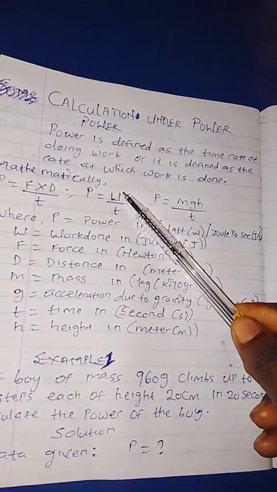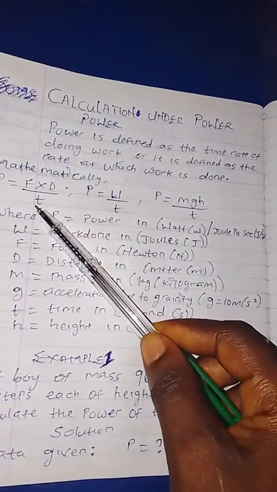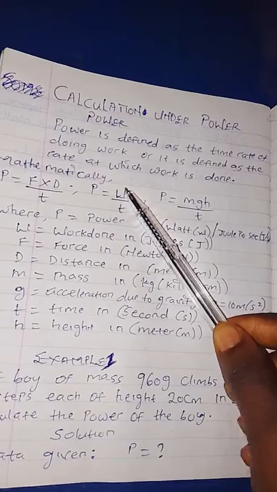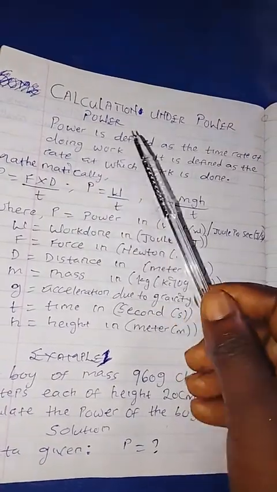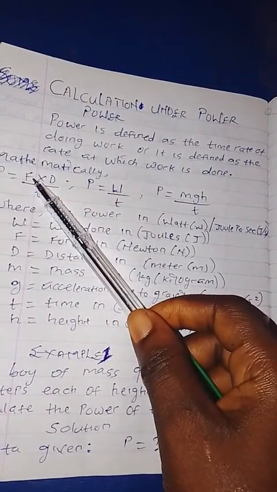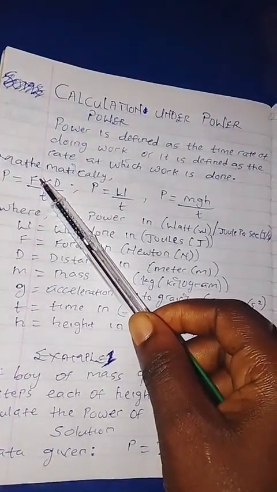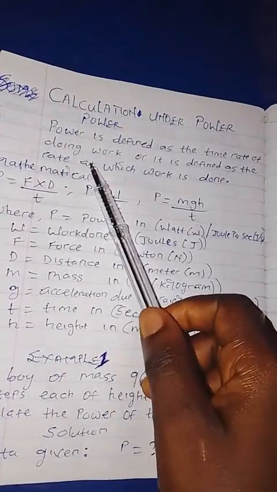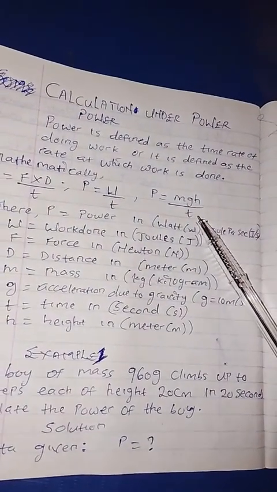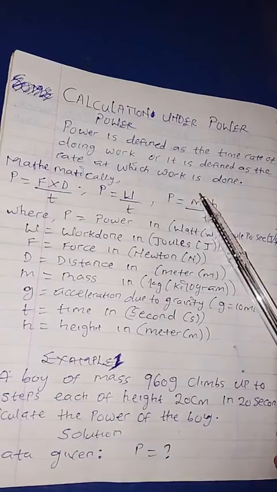And the formula for work done is force times distance over T. And we also noted when we did work done last that we have work done against gravity, because the force here in work done is also something that has a formula. It's also a derived quantity. It has its own formula, and thereby the formula for work done against gravity is mgh over T. So these are the three formulas that you can use to calculate for power in terms of work.